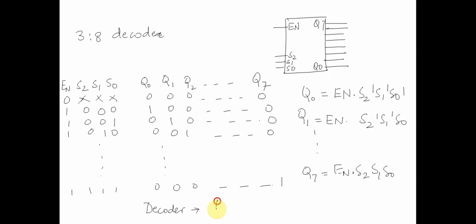A decoder is nothing but a minterm generator. We have already seen minterms and sum of products, right? Since each output of the decoder is true for exactly one of the inputs, a minterm generator can be realized using a decoder circuit.